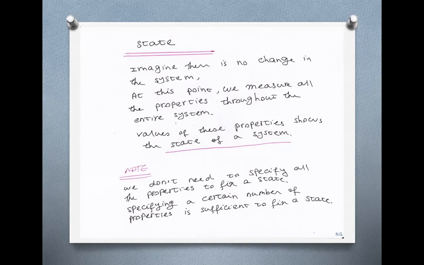When you know the state of the system, when the state is fixed, the values of those properties are fixed too. For example, you say, okay, the system is at state 1. Here is the temperature, T1. Here is the pressure, P1.